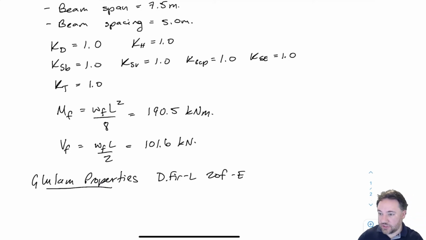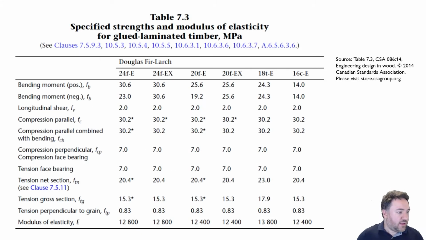So we are going to go to the glulam strength table here and pick out, okay, we have Douglas fir larch 20F-E. So what are the things we're going to need? We're going to need bending moment positive. We don't have any negative bending. So we're going to need this one, bending moment positive. We're going to need a longitudinal shear. We're not going to need compression parallel, but we will need compression perpendicular for our bearing supports.